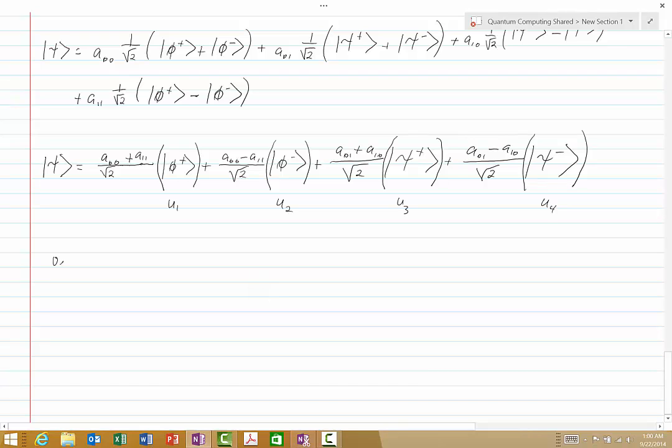The possible outcomes and their probabilities.